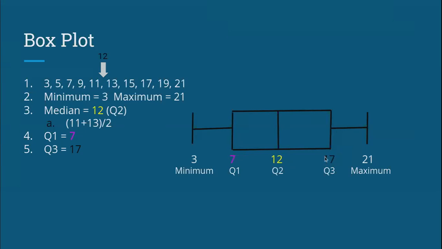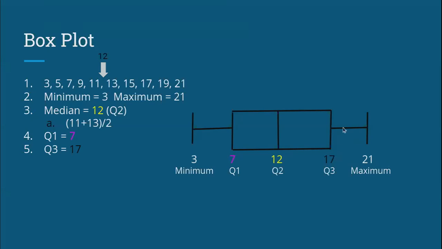Okay, and we see that the distance between the smallest value and the middle of the lower end of the data is 4. And the distance between the middle of the upper end of the data and the maximum value is also 4.